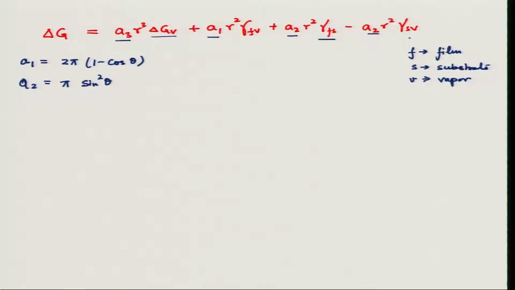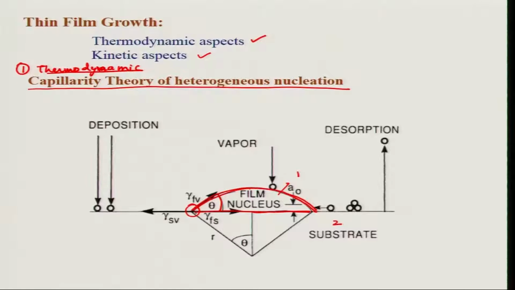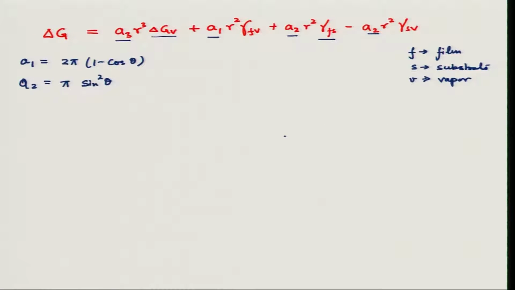So, this surface energy is subtracted, okay. Now, if you check here, once this area is covered by film, right, this area of substrate is no longer in contact with vapor, right. So, this surface energy is gone, but there is a new interface. So, that surface energy is added, okay.